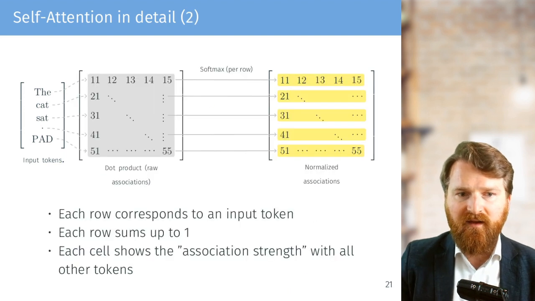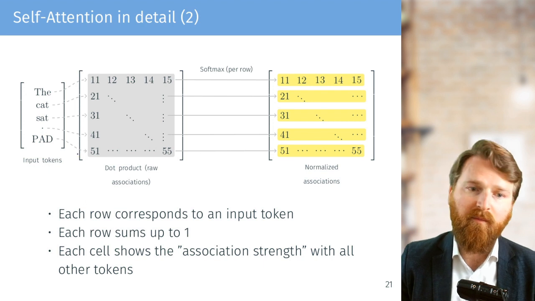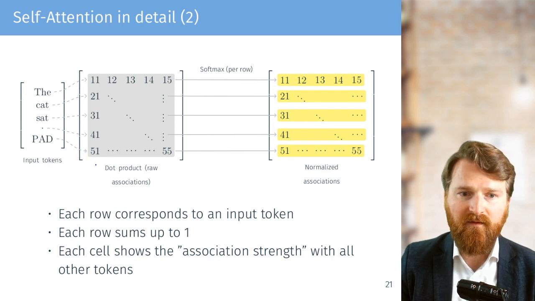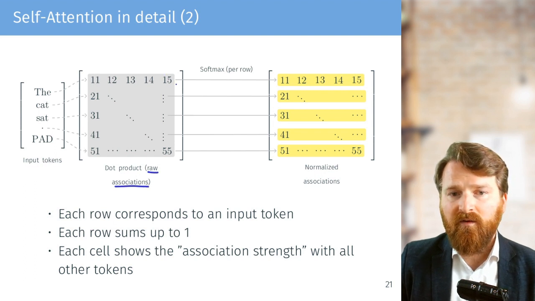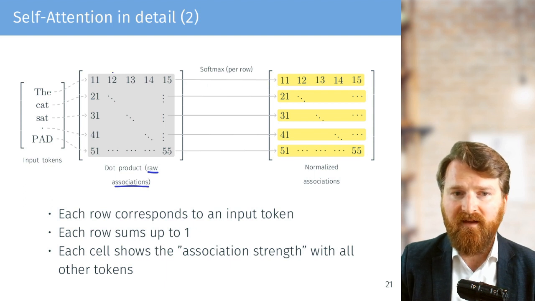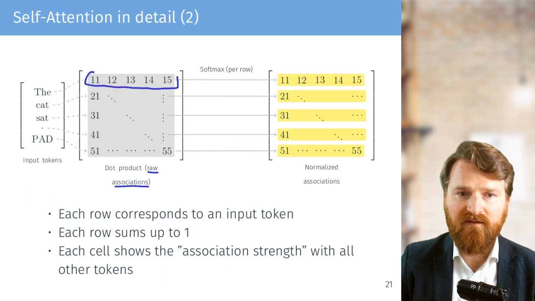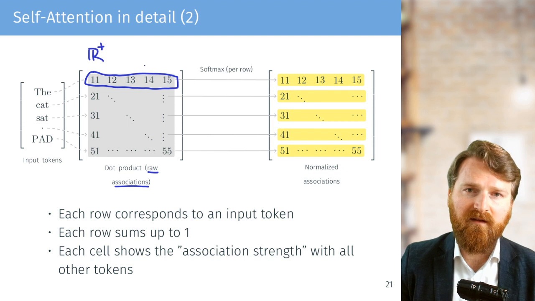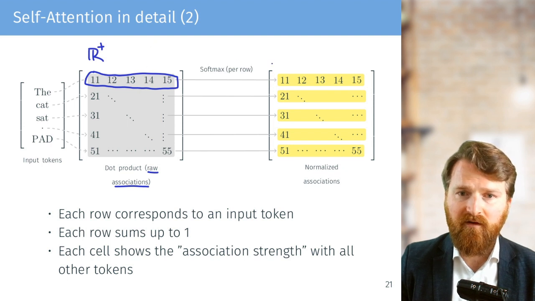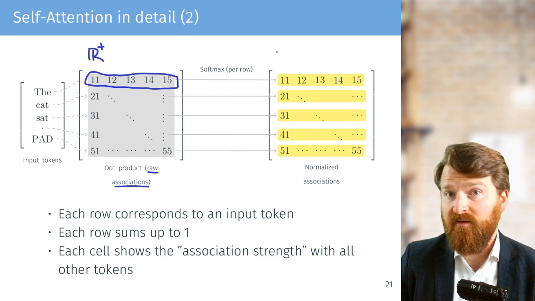In the next step, again we have these 5 input tokens, and through the operation we saw on the previous slide, we have this dot product of the raw associations, a 5 times 5 matrix. Then we apply a softmax per row. We take each row, which holds non-negative real numbers, and turn them into a probability distribution.